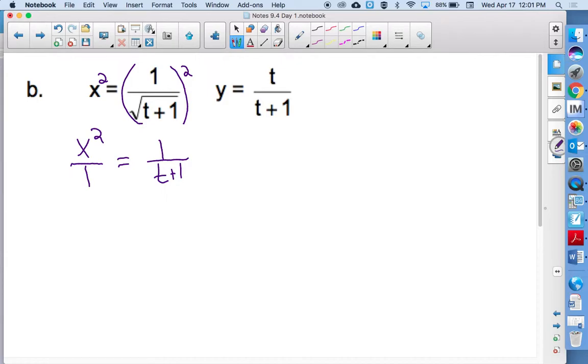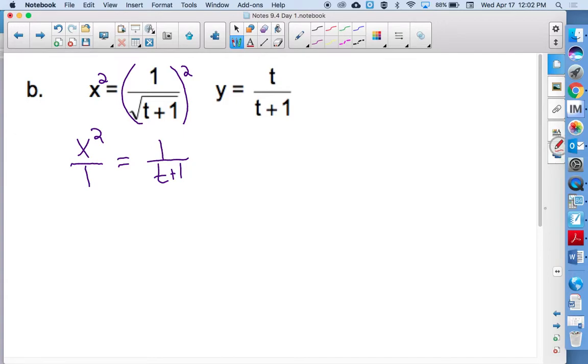All right, so our goal is to get t by itself. So we had got the square root out of the problem. What else would we do to try and get t by itself? Aaron? The inverse of the 1 over t plus 1.